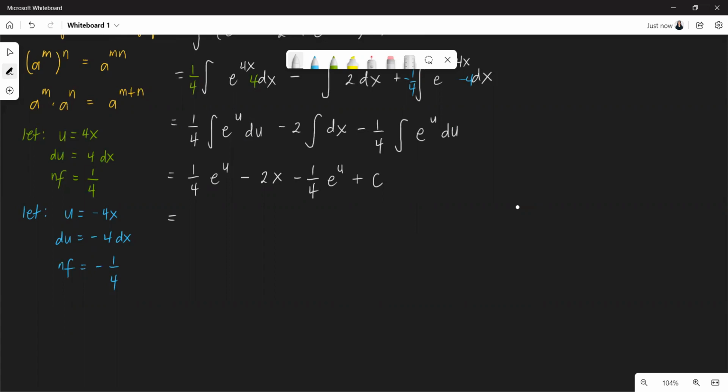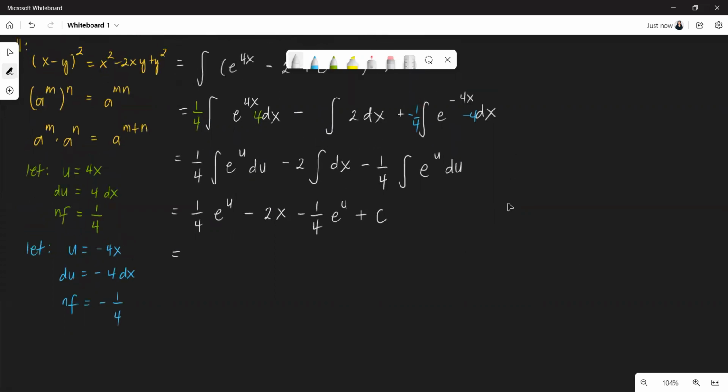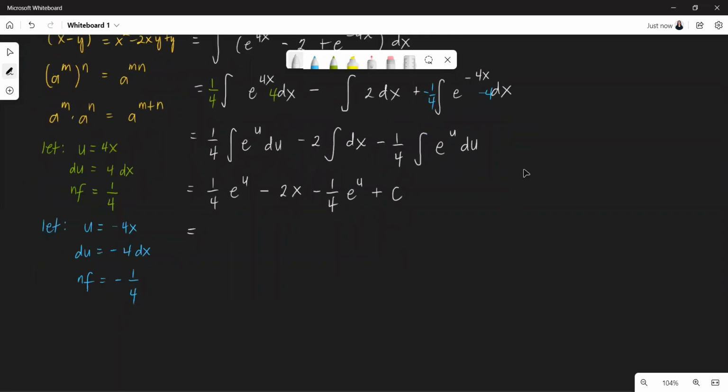So we have here 1/4 minus 1/4 with the same e raised to the power of u. So meaning we can eliminate these terms.